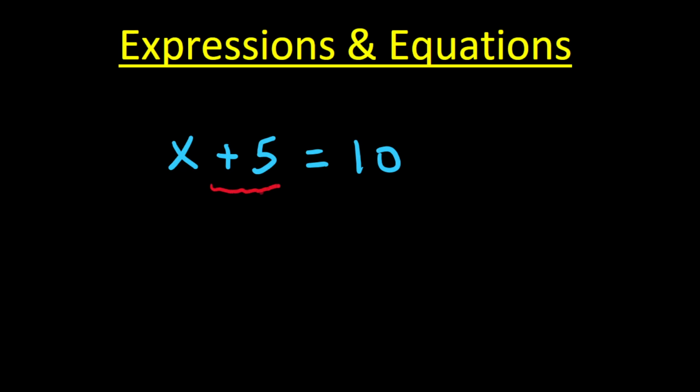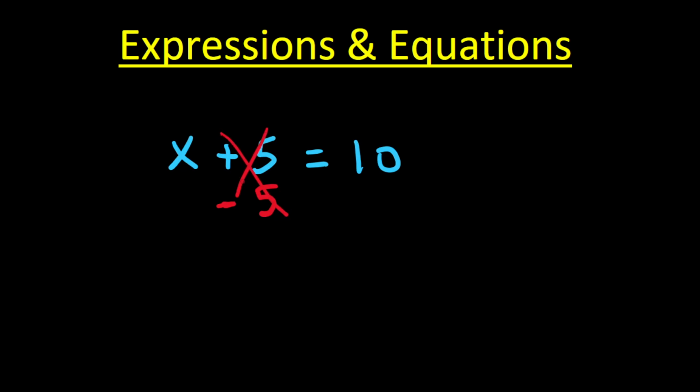So how do we get rid of this plus 5? We have to know what cancels plus 5. The opposite of plus 5 is minus 5. So all we have to do is subtract 5 right here, and that will cancel these two.